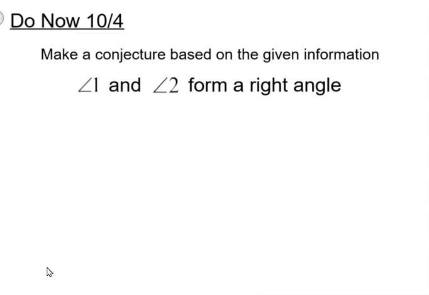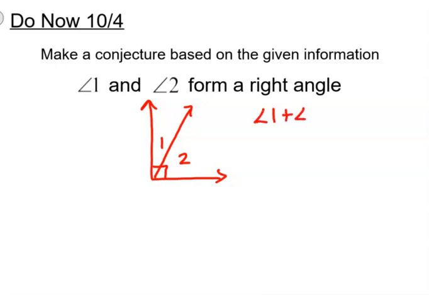So if it says angle 1 and angle 2 form a right angle, make yourself a picture. Draw yourself a right angle, break it into two angles, angle 1, angle 2. So what do we know about angle 1 and angle 2? You could tell me angle 1 plus angle 2 equals 90 degrees, whether you write it as an equation or you write it as a whole sentence.